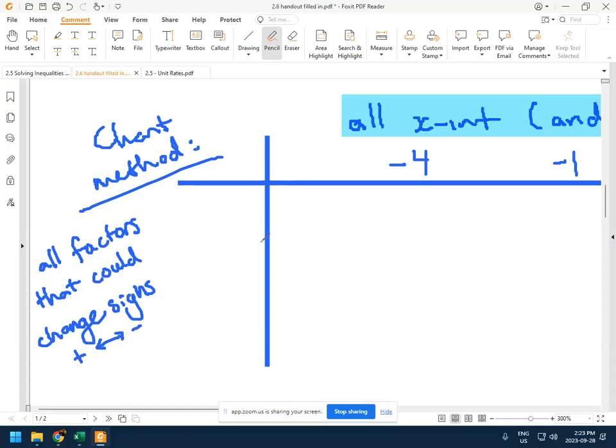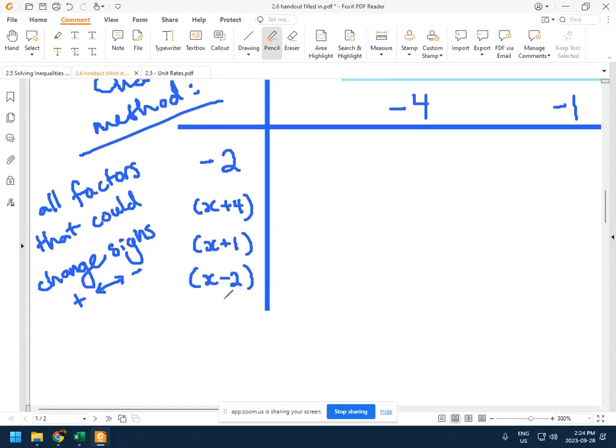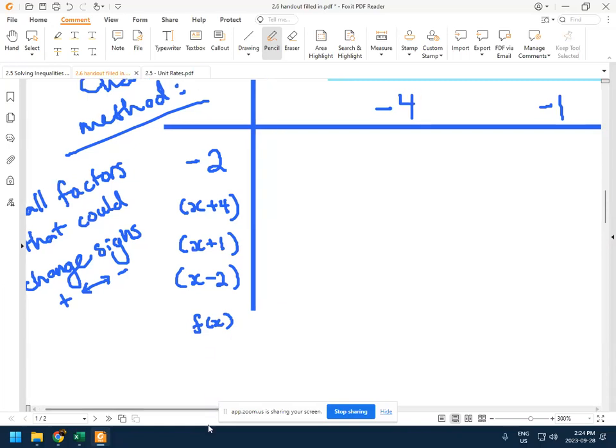What does that mean? Well, based on our equation so far, we have a -2 that could change the sign of the function. X plus 4 could change the sign of the function. X plus 1 could change the sign of the function. X minus 2 could change the sign of the function. And at the very bottom is my function sign.